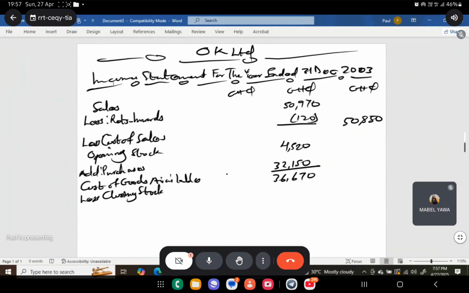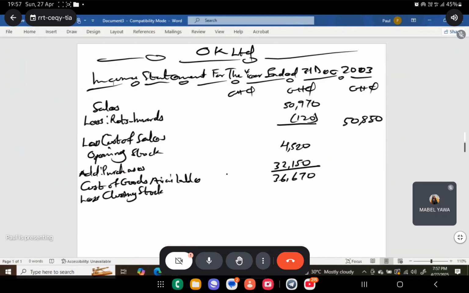So if the cost of the goods available was 36,670 and they've given you the closing stock, it should tell you the cost of sales, because the difference of the cost of goods available and the closing stock should tell you the cost of sales.